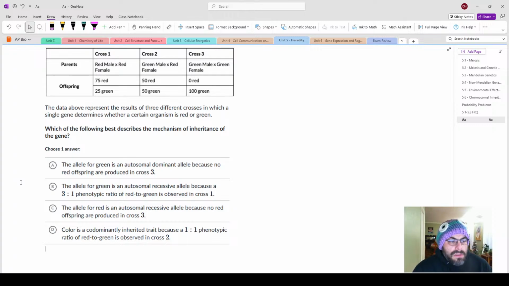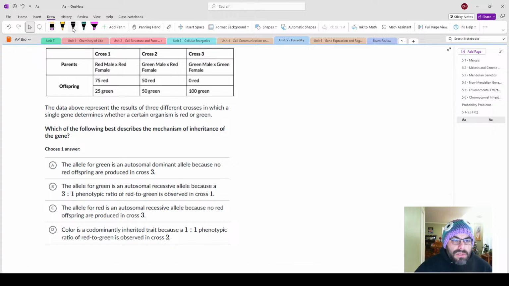In cross 1, you have a male that's red and a female that is red. And the results are that 75% are red and 25% are green.